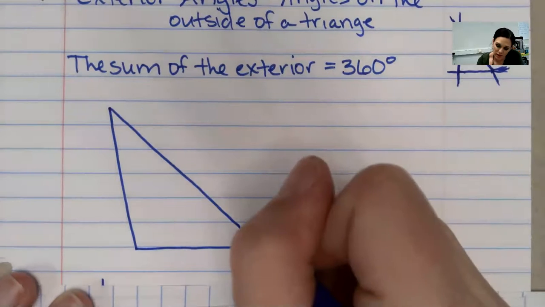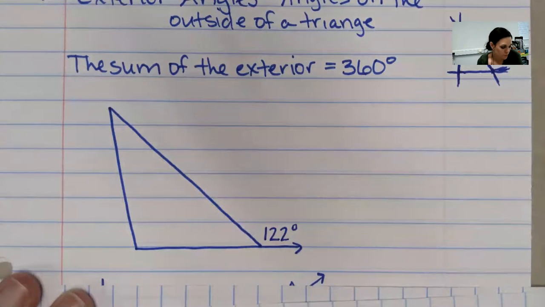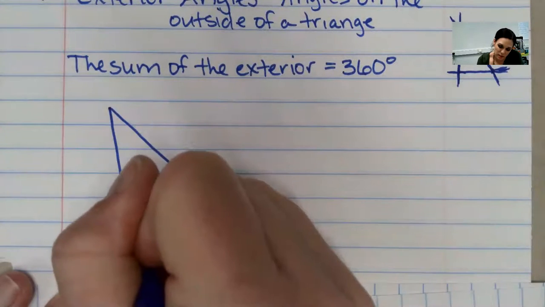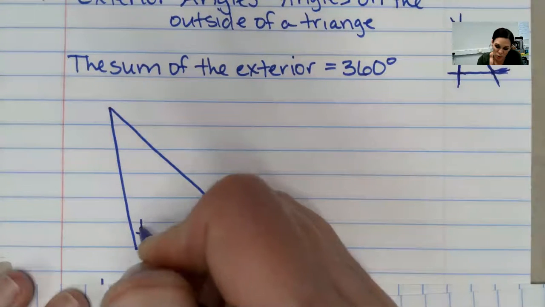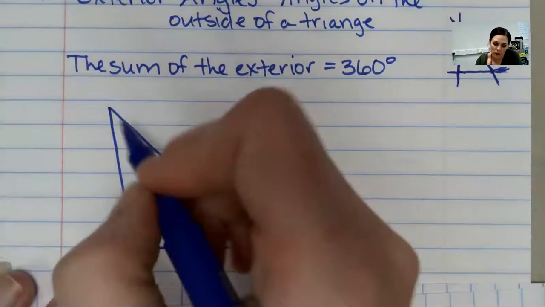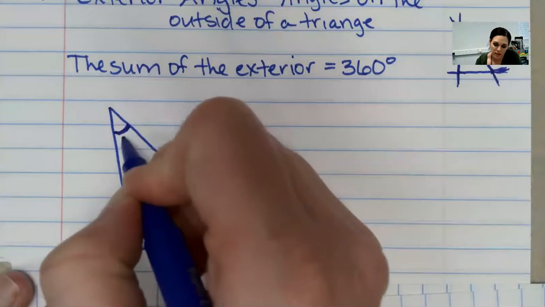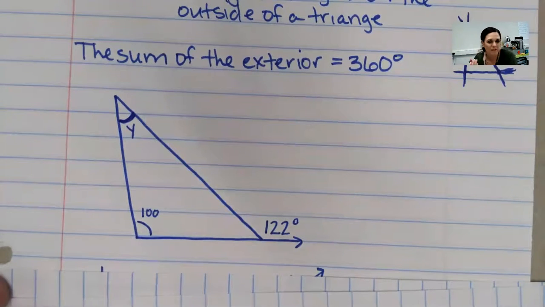And we're going to say that this exterior angle measure is 122. We're going to say this interior measure, let's say that that is 100. And I want to know, well, what is this inside value? So you're like, wait, what do you want from me?